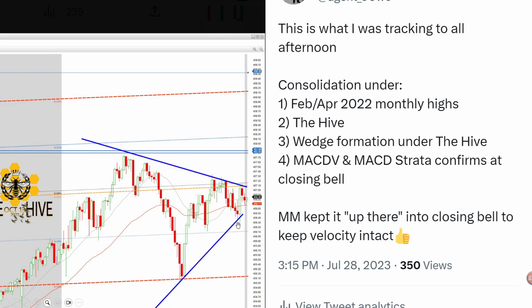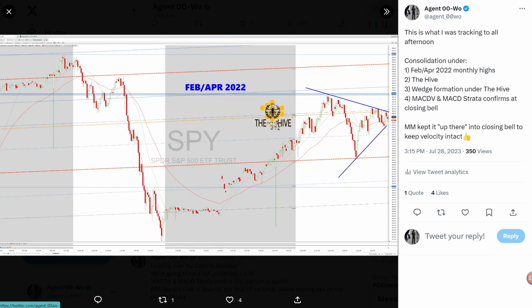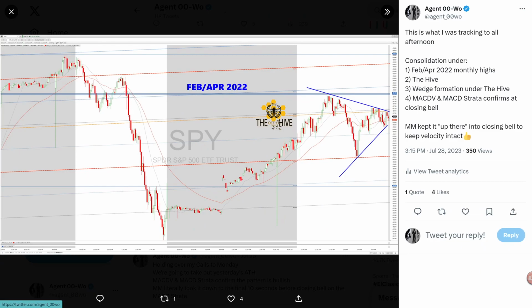The 195-minute MACD, with 10 seconds to go at closing bell yesterday, confirmed a positive cross on its signal line. It came down to that. And that's how I knew we're going up. We're going to keep going. Okay? So, there you have it. That's Friday.